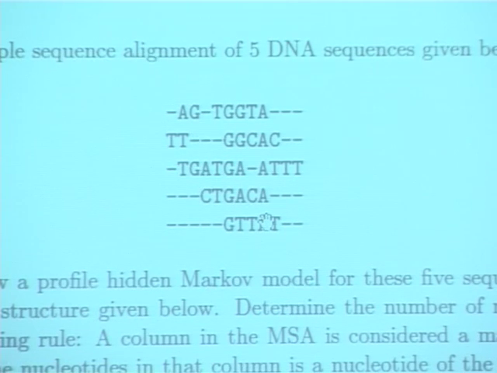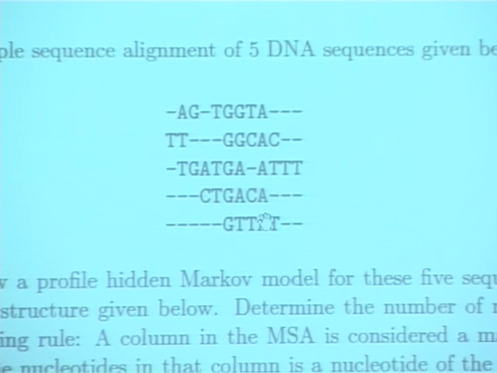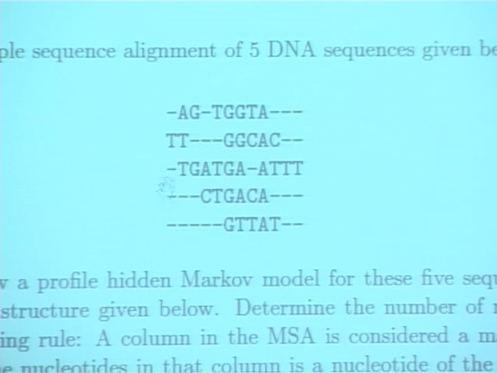If a sequence does not have a letter emitted inside the match column, that's when it visits a delete state. All the other columns: the first columns are I0, I0, I0, then match 1, match 2, I2, I2, match 3, and the rest is I3. So I can label each column of this alignment with either an insert state or a match state.